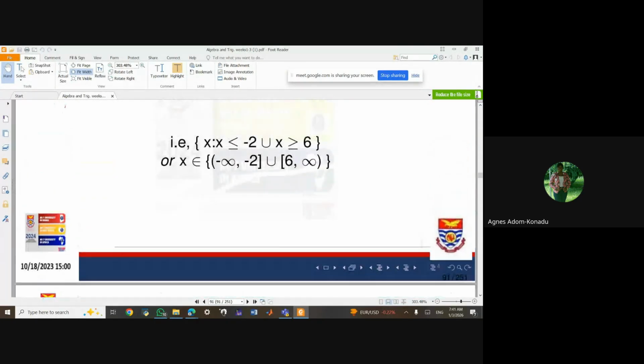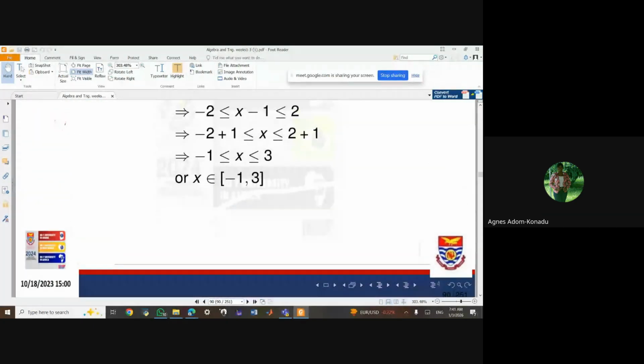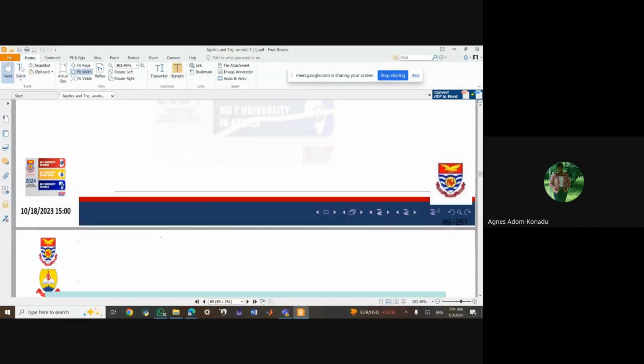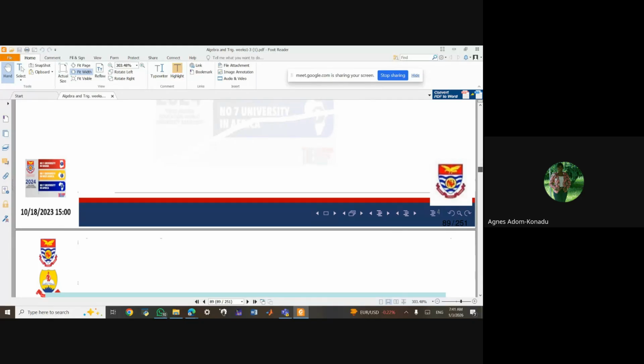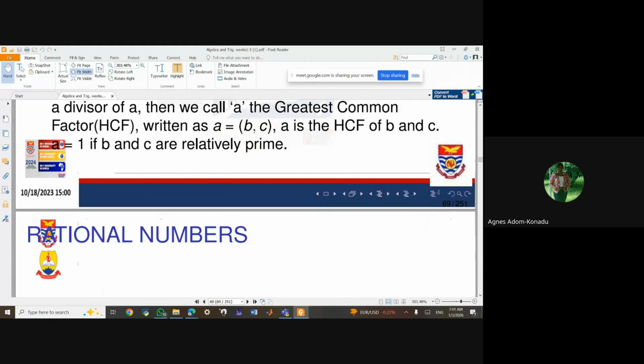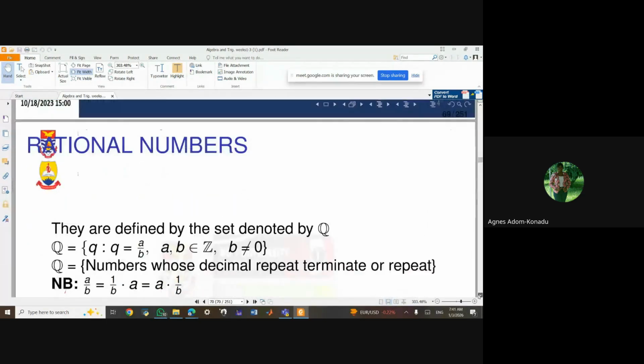And if you have challenges, you can ask some other friends. Maybe if you know any SHS teacher somewhere, or even SHS students, they should be able to help. So please try and help yourselves. Okay.